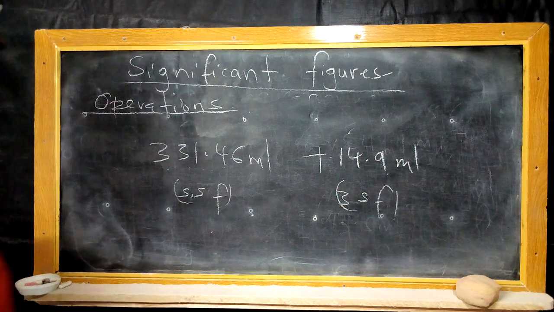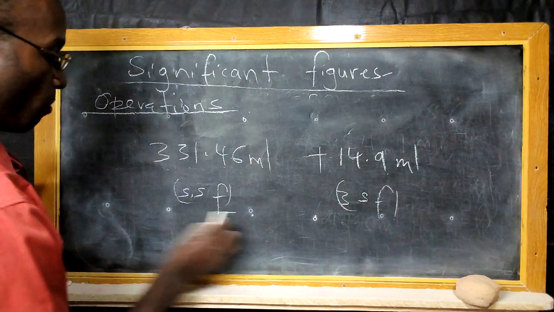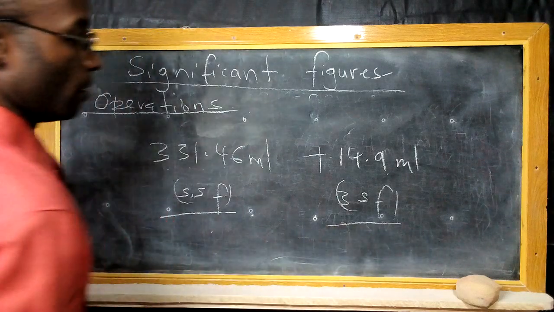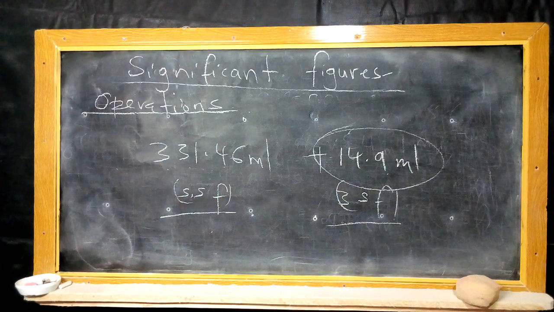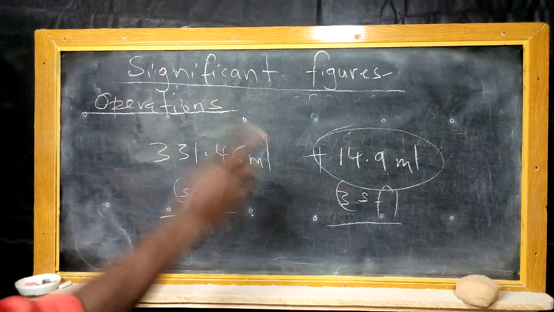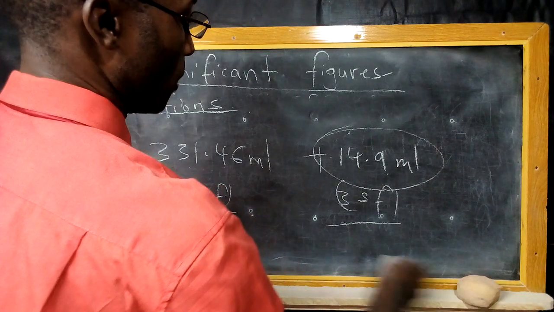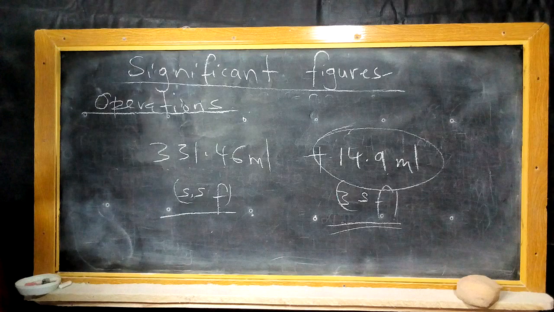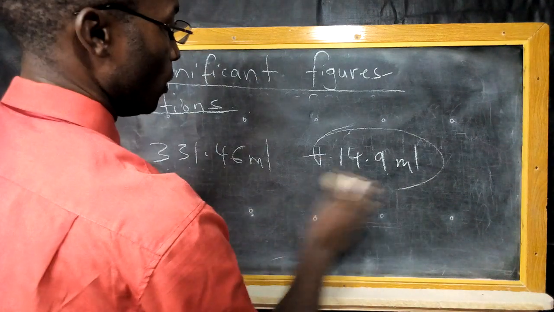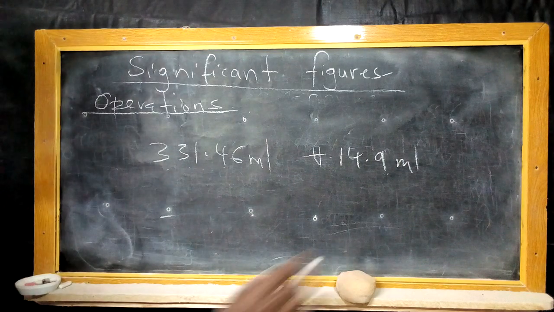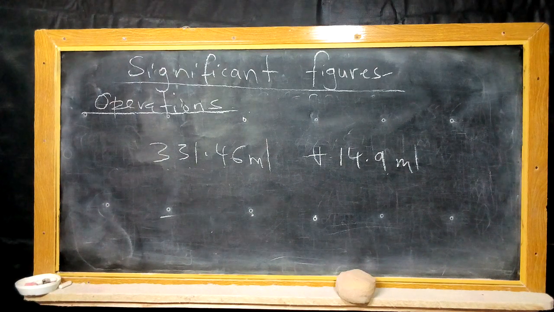So if we compare 5 significant figures and 3 significant figures, this is the least precise measurement, implying that the answer is going to be expressed considering the least precise measurement in that.